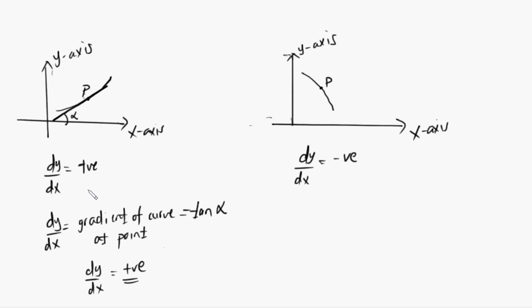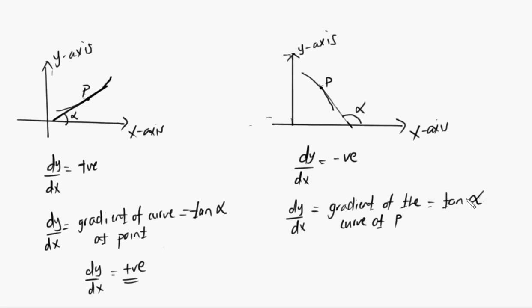Lakini kwa case kama hii ambapo x ina increase, y ina decrease, you can see that the tangent here at the point P forms an obtuse angle to the x-axis. So I mean dy/dx, which is just equal to the gradient of the curve at P, is going to be equal to the tan of this angle.